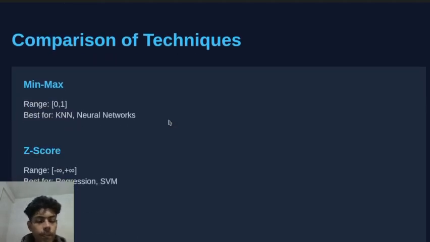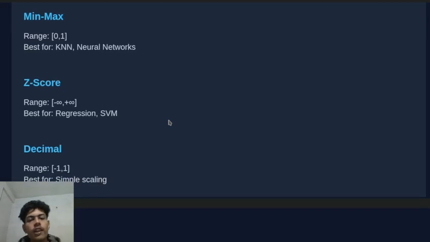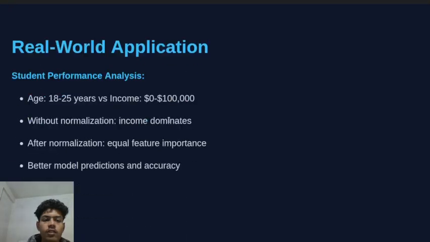Now the comparison of all three techniques: min-max works in the range of 0 to 1 and is best for neural networks, z-score works in the range of minus infinity to plus infinity and is best for regression, and decimal scaling is used for simple scaling, between minus 1 and 1. A real world application is student performance analysis, like age in the range of 18 to 25 years and income from $0 to $10,000, or say $1 lakh.